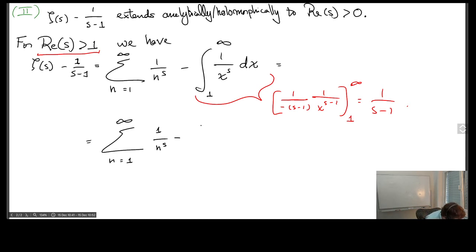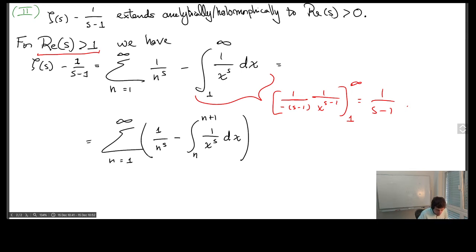That's the trick. So, from n to n plus 1, 1 over x to the s dx. Okay, so far so good.